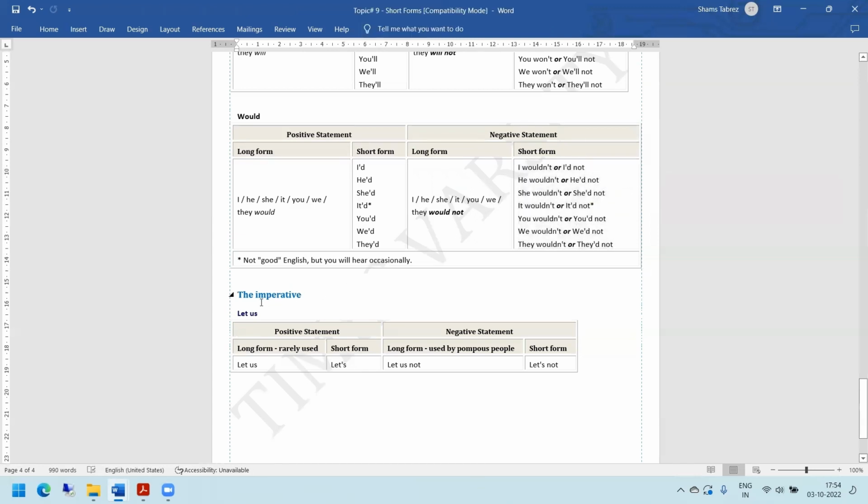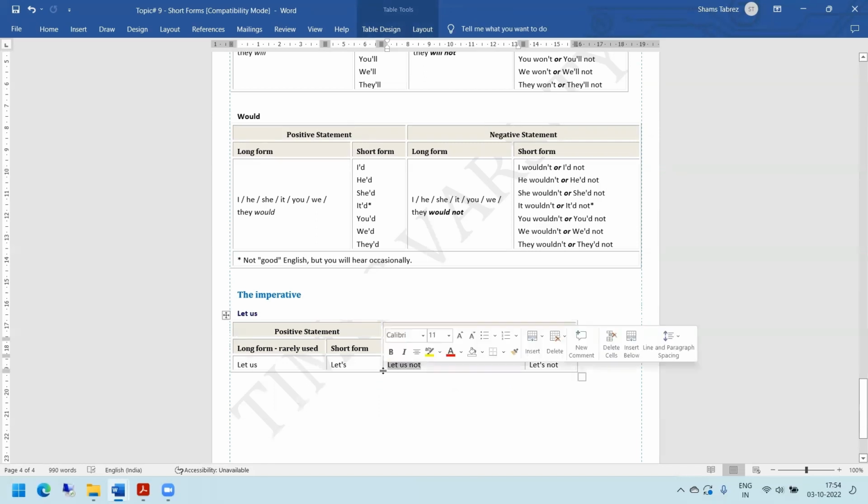All right. And finally, imperative. For example, let us. Let us, the positive statement, long form. So you can say let's. This is the short form of let us. And if we add not to it, let us not, then the short form is let's not. This is the short form.